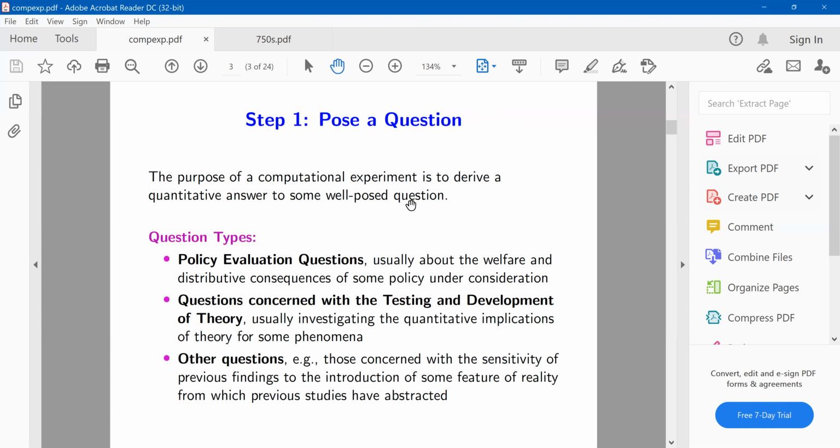So sometimes you want to see such quantitative implications, and then you use the computational experiment again to answer such questions. And finally, there are other types of questions that cannot be classified into these policy evaluation questions, or the ones directly related to testing and the development of the theory.